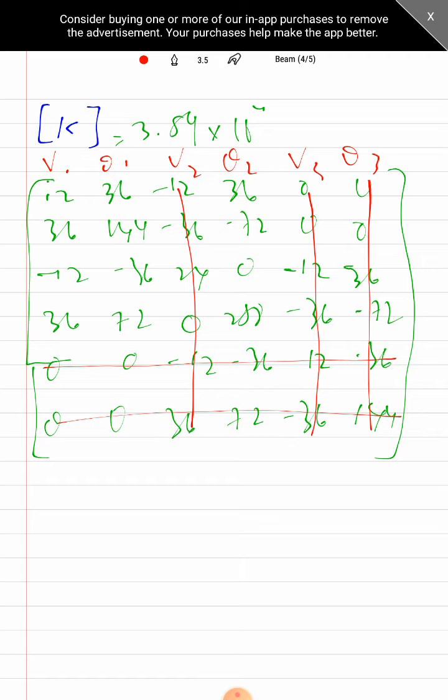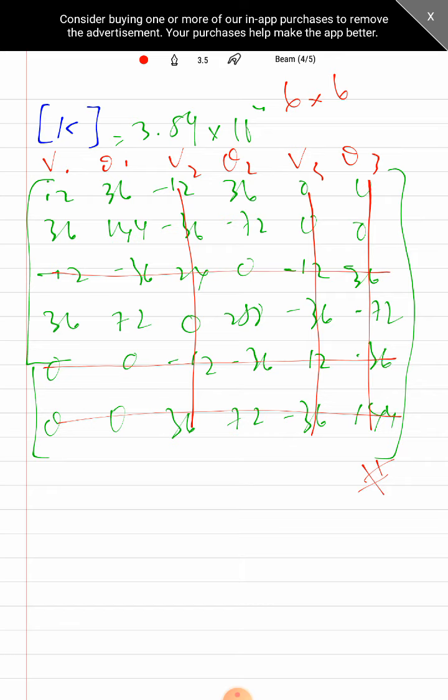Just to remind, you have 3 nodes, so your global K should be a 6 times 6 matrix. Okay, just to double check.